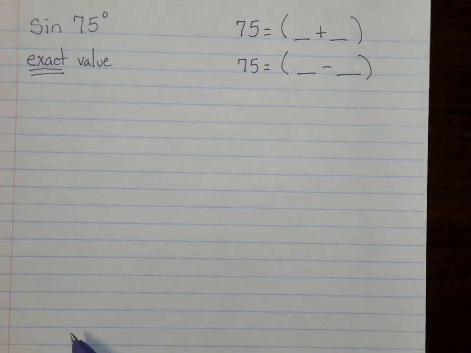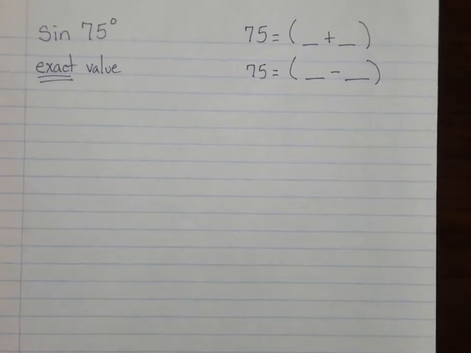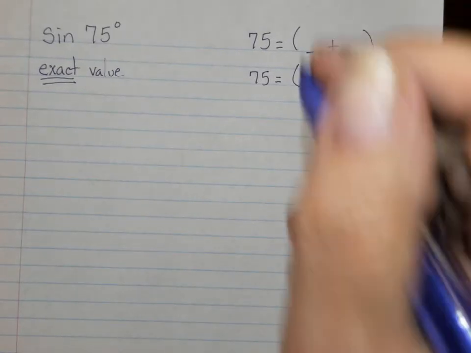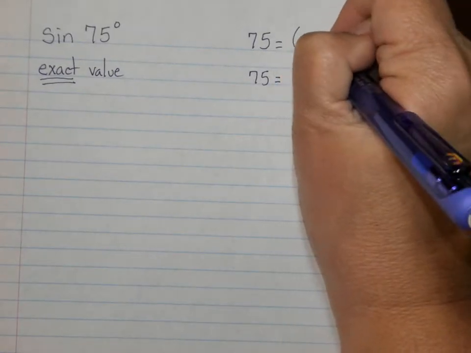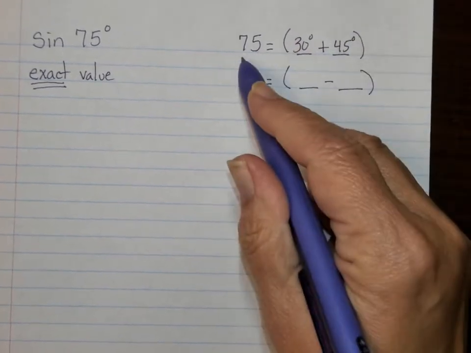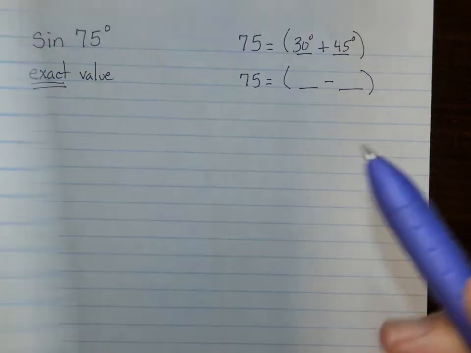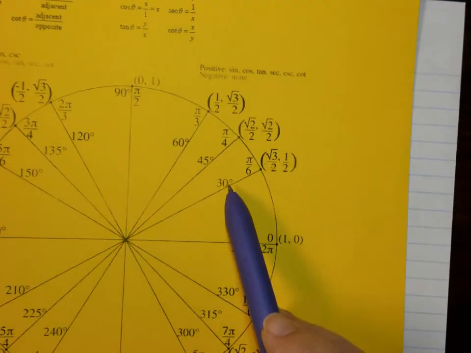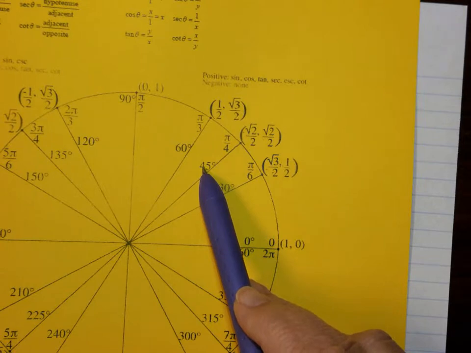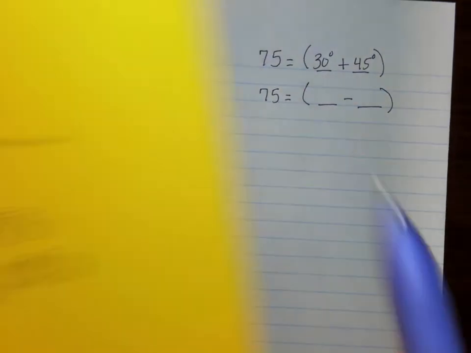All right, so I'm seeing some answers being shared. Okay, so let's talk about these. 30 plus 45 does add up to 75. 30 is on our unit circle, 45 is on our unit circle, right? I'm working with sine.